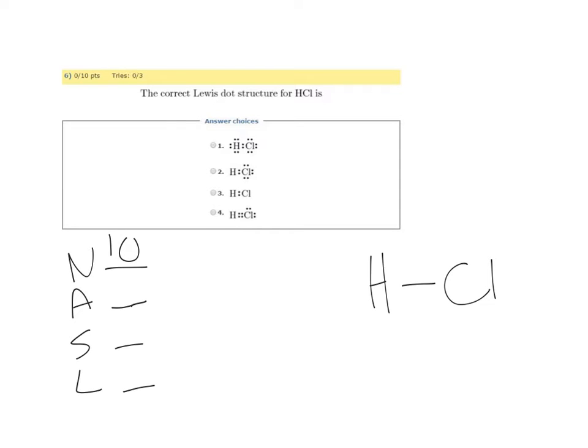Chlorine has 7, hydrogen has 1, so that's 8, which means we're going to share 2 and have 6 left over. Since we have the 1 bond on hydrogen, we can put the 6 electrons around the chlorine, which gives it 8. And the 1 here that represents that is the H, the 2 dots in the middle, and then the 6 more dots around chlorine.